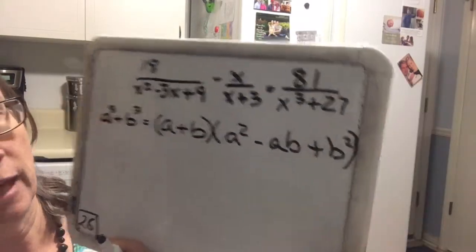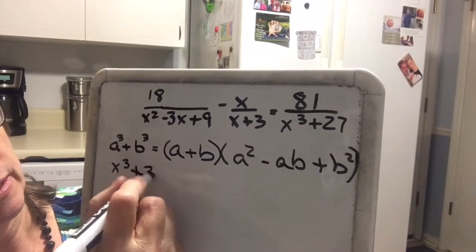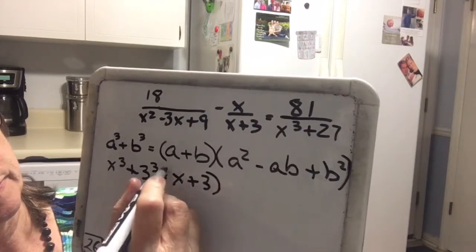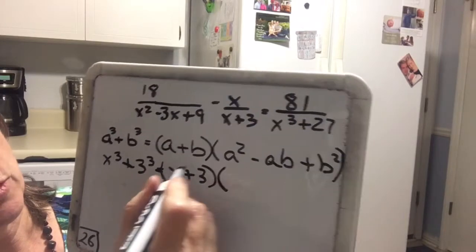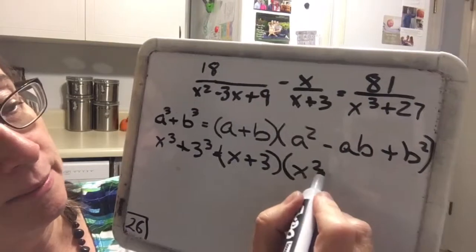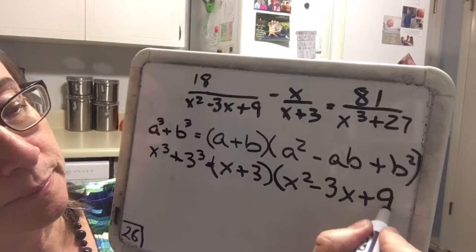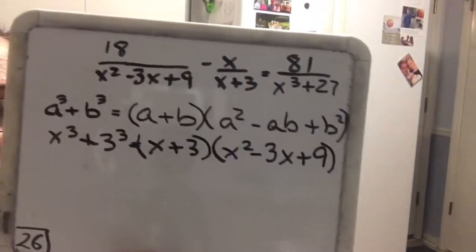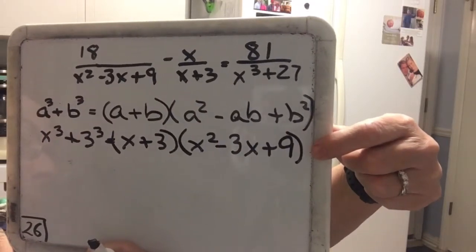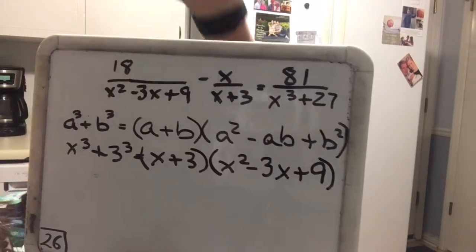So let's factor that first. So we've got x cubed plus 3 cubed is x plus 3, and then this first term squared, this product opposite sign, and the last term squared. All right, so now does anything look familiar? Notice that this little weird thing over here, x squared minus 3x plus 9, is the denominator of this first term.